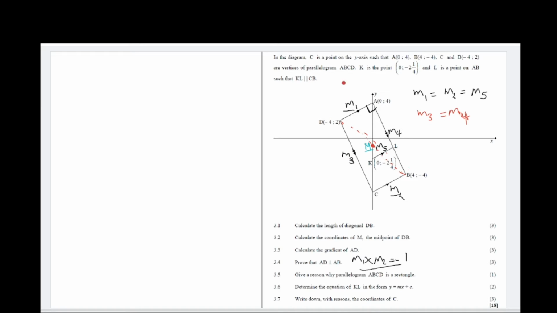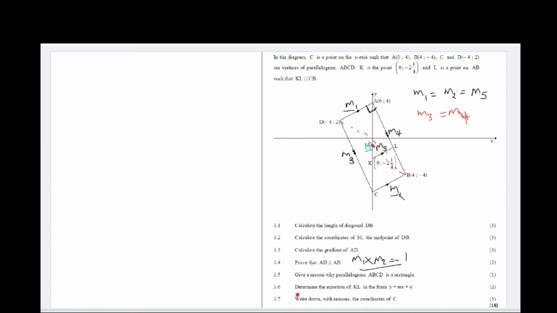But a parallelogram can be a rectangle, it can be a square. In this case, a parallelogram is a rectangle because of the answer you found here. All interior angles of a rectangle are each 90 degrees. So the reason is just this one over there.